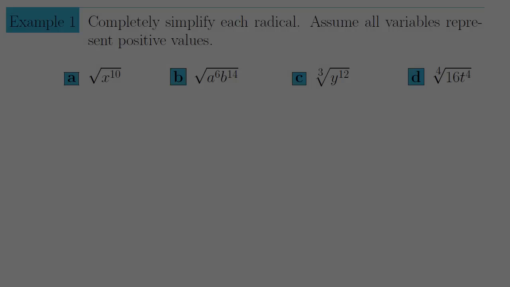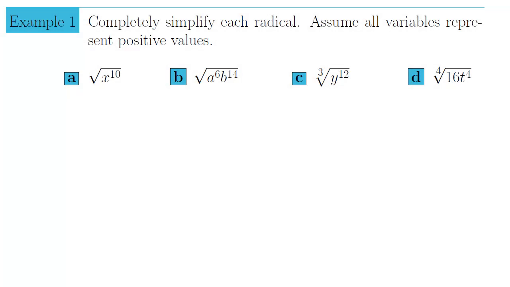Let's go on to the next one. So in part B, we're supposed to simplify the square root of a to the 6th, b to the 14th. Now, we could write this out. We have 6 factors of a, and we have 14 factors of b.